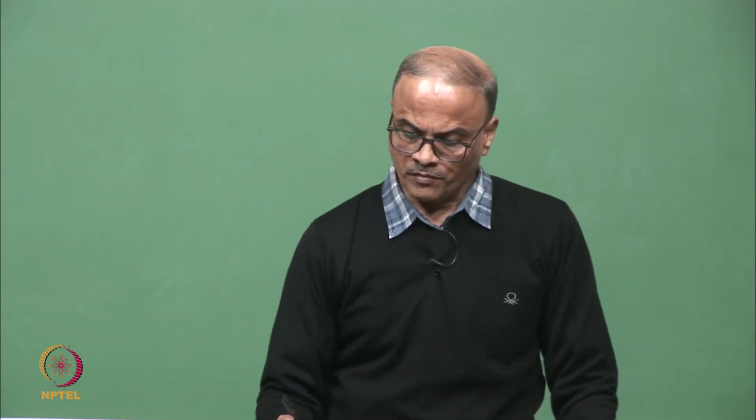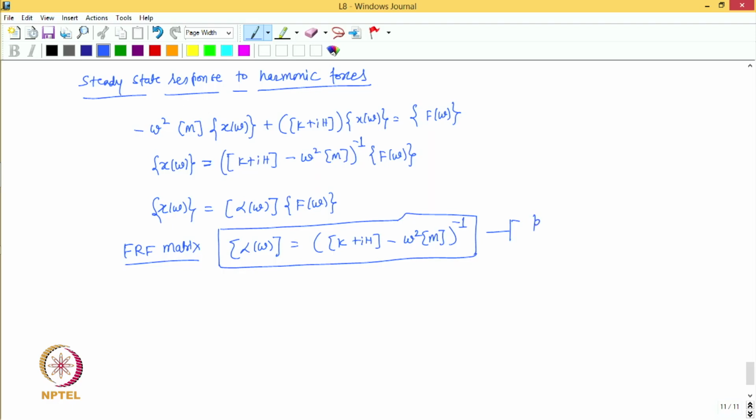Now, this matrix is equally true for both damping distributions, proportional as well as non-proportional. Here we have not made any assumption regarding the distribution of damping. It is this expression which is the relationship between the FRF matrix and the matrices K, M and H, and it is true for both proportional and non-proportional damping distributions.